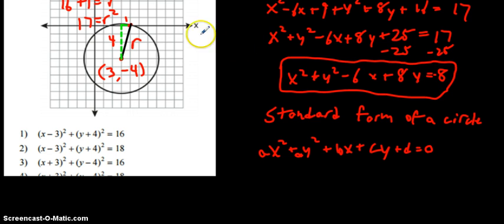And in this case we would actually, instead of having subtracted the 25 from both sides, have subtracted 17 from both sides and obtained plus 8 equals 0.